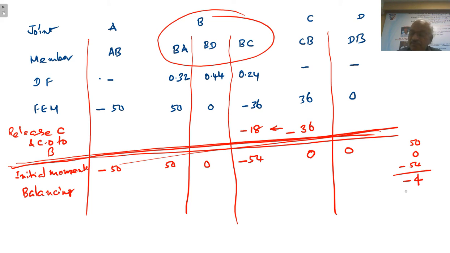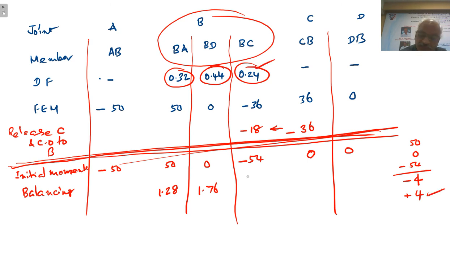So that means for balancing this, we have to apply plus 4. Now plus 4 in the ratio 0.32, 0.44, 0.24. So 4 into 0.32 equal to 1.28, and 4 into 0.44 will be 1.76. Then 4 into 0.24 equal to 0.96.